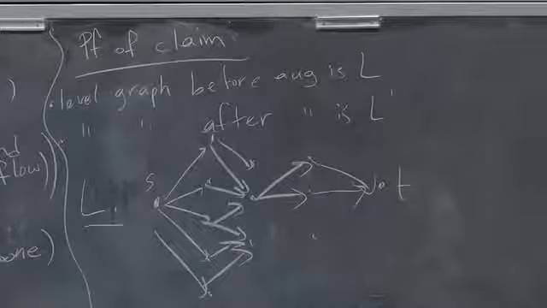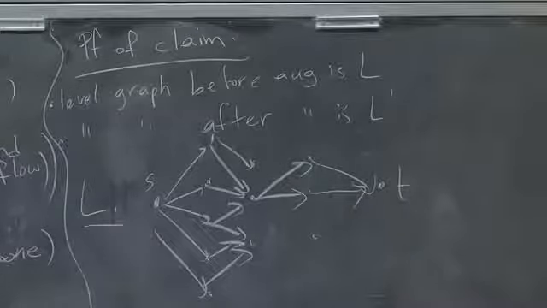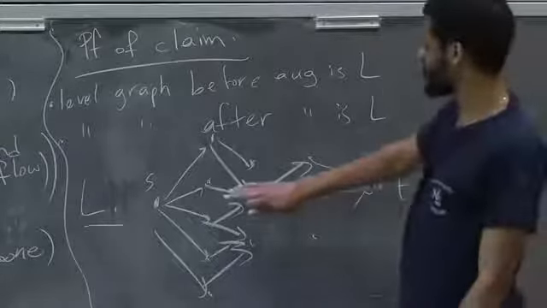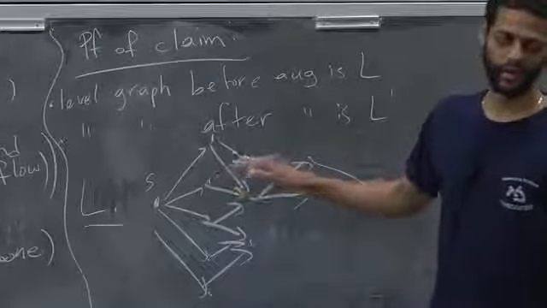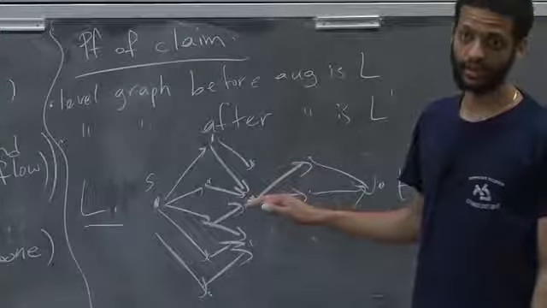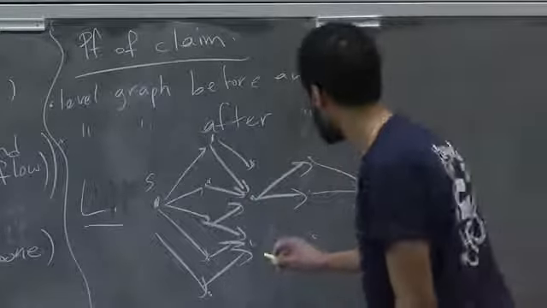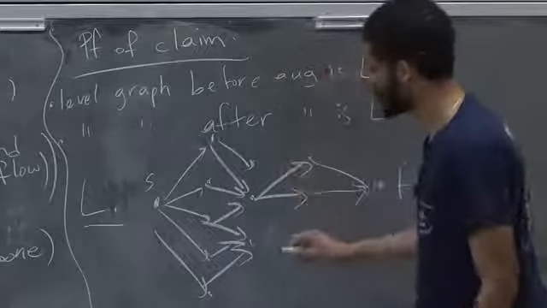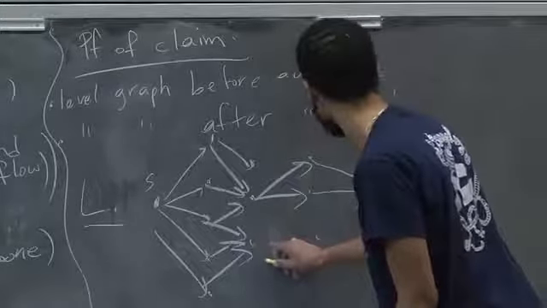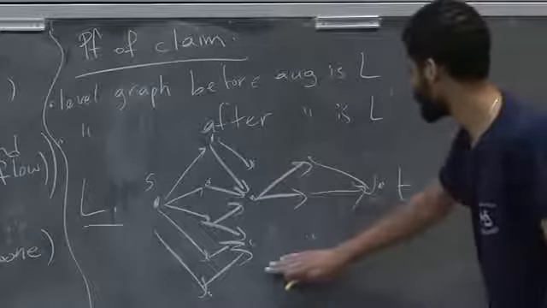Let me also draw some other edges. Question: this is a subset of the edges in the residual graph, right? The ones that go from one level to the next. Is it possible for me to have an edge that looks like this, or basically edges that skip layers?